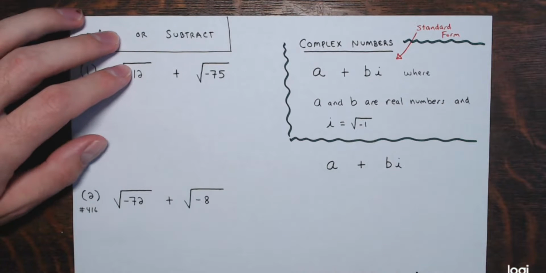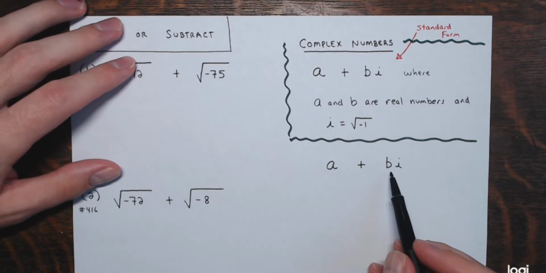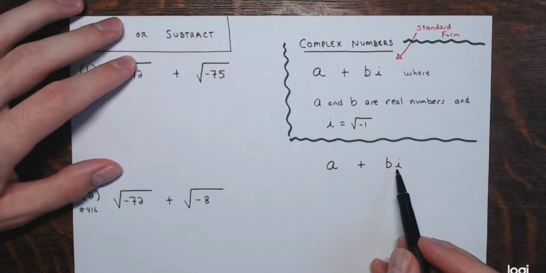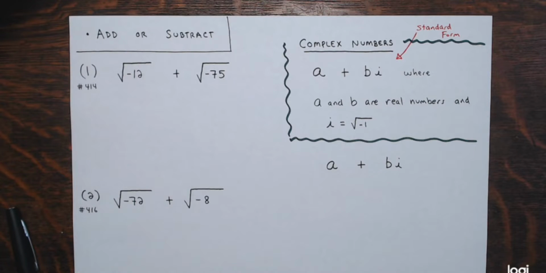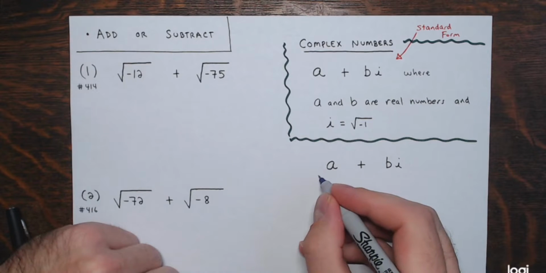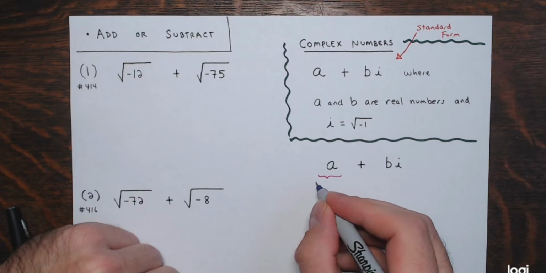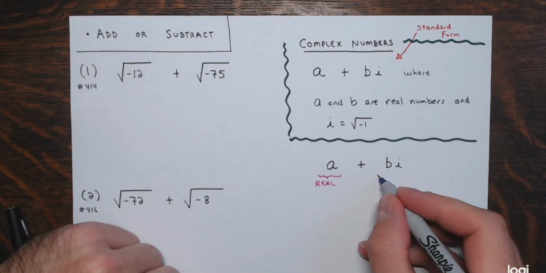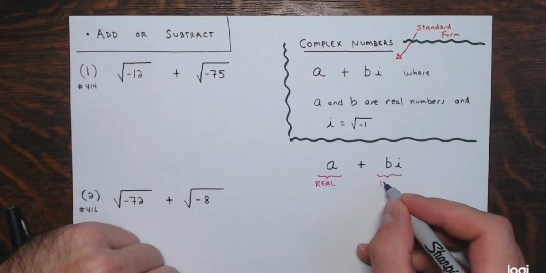If you recall from my last video, any number where you have a real number times i, the imaginary unit, is an imaginary number. So every number from this text can be expressed as a solely real number plus an imaginary number.